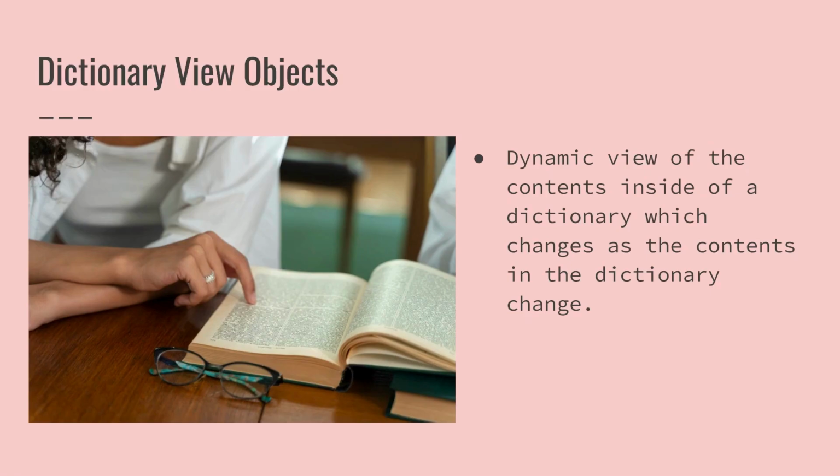This is a dynamic view of the contents inside of a dictionary, which changes as the contents in the dictionary change. So for example, if a specific entry in a dictionary sees its value change with the same key, different value, the view object will also reflect this change.